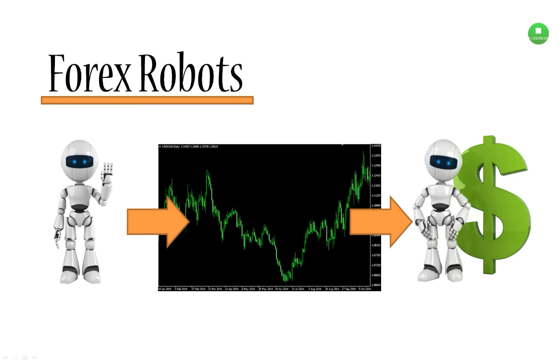Whereas when you turn your trading strategy into a Forex robot, you can set it on your chart and just let it run in the background while you sleep, while you have fun with friends and family. And you just have to check up on it once a week or several times a week. Generally, it frees up the constraints that you may experience when your trading strategy requires you to be in front of the computer.